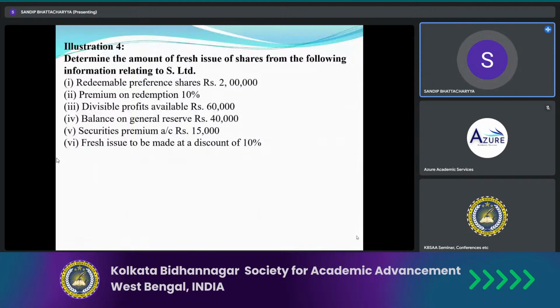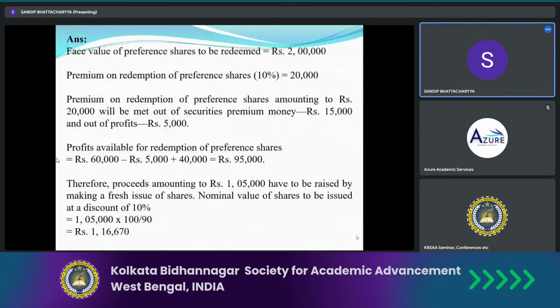So 60 plus 40 will be 1 lakh. But my dear students, is 1 lakh available? No. Because there is the deficit of 5,000 of securities premium. So this 5,000 must be adjusted with this free reserve. So 60,000 plus 40,000 minus 5,000 is 95,000.